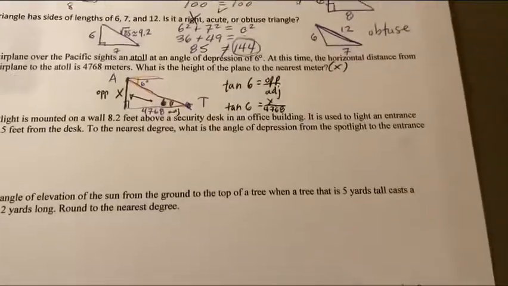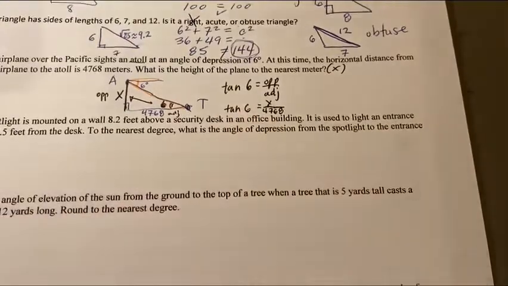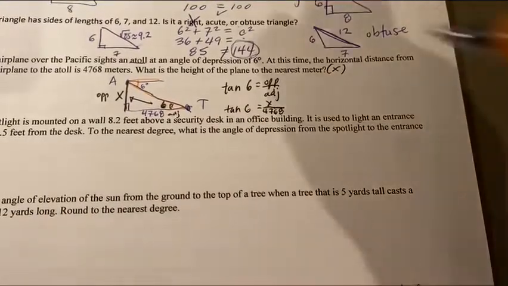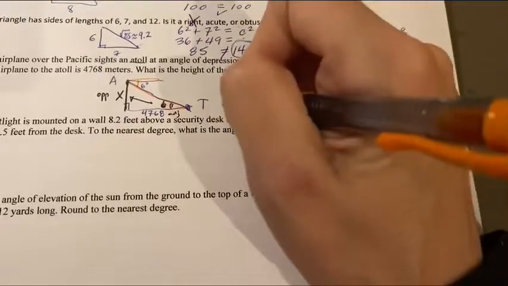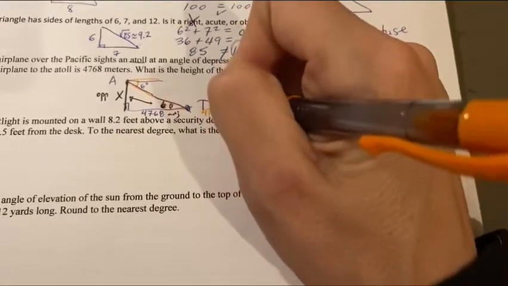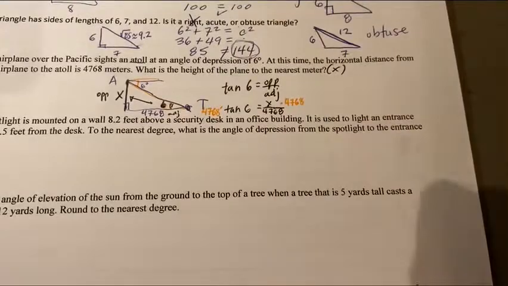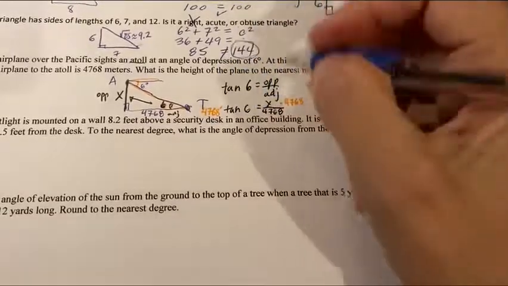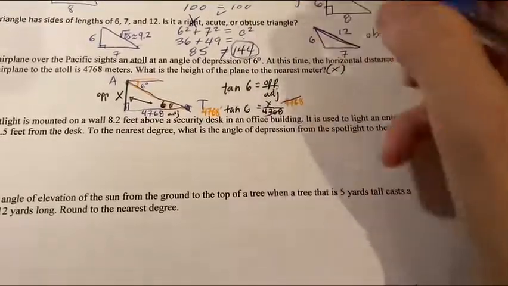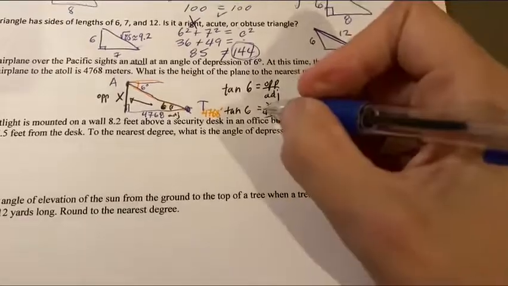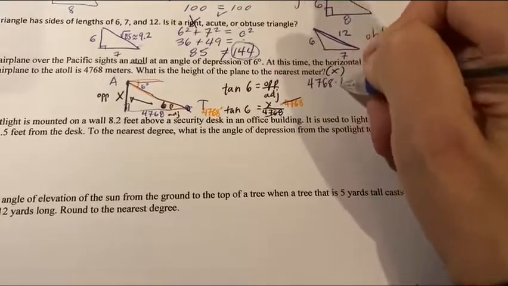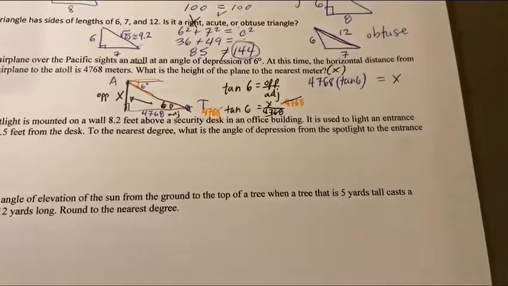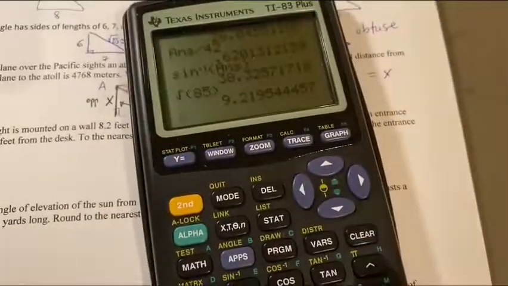Now, when I look at this, swapping wouldn't help me. So hopefully you're thinking, you need to multiply both sides by 4768. So if I multiply both sides by 4768, I should get my answer. So this cancels, and on the right, X is all by itself. And on this side, I get 4768 times the tangent of 6. Okay, so let's type that in a calculator.